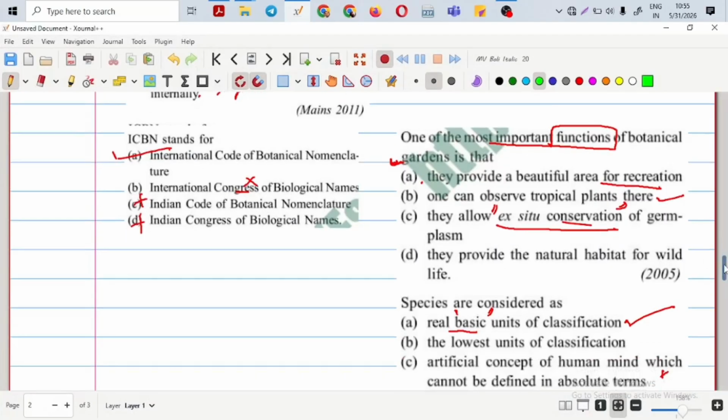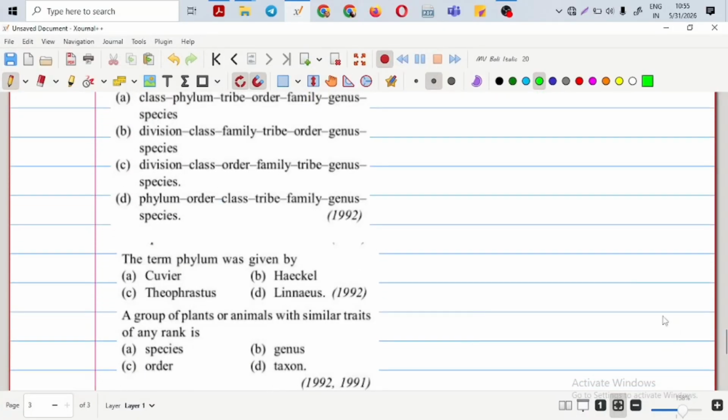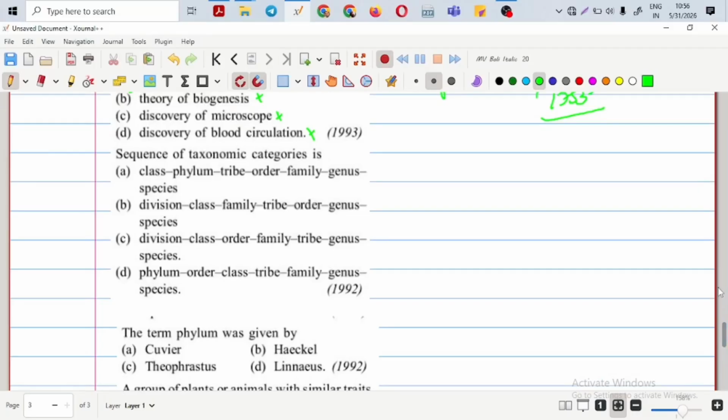Okay, let's go on to the next question. The sequence of taxonomic categories is class, phylum, it is wrong. Division, class, family, then order, genus, species. Okay.